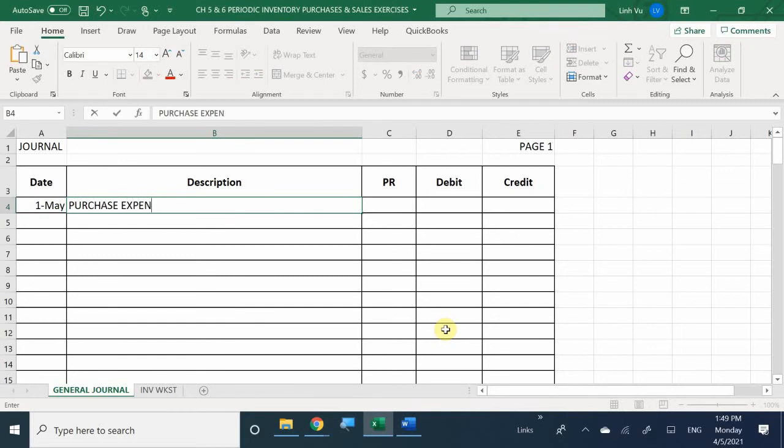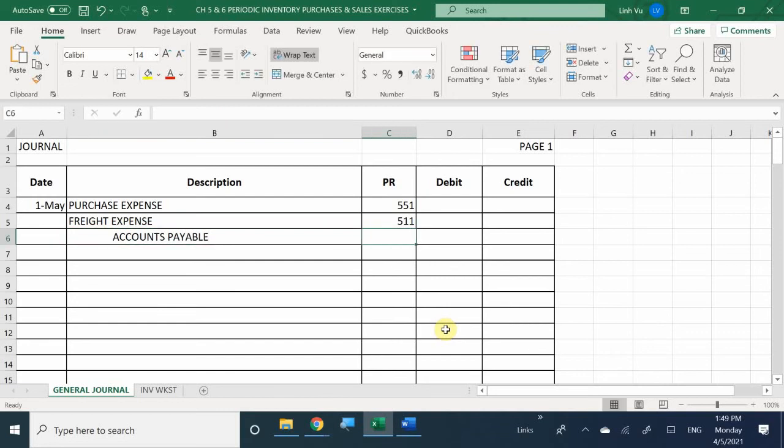So purchase expense was for 551. Okay. We got freight expense for 511. And you said we had an accounts payable. Good, because we placed it on an account. We're not paying it now. We're paying it later. All right.